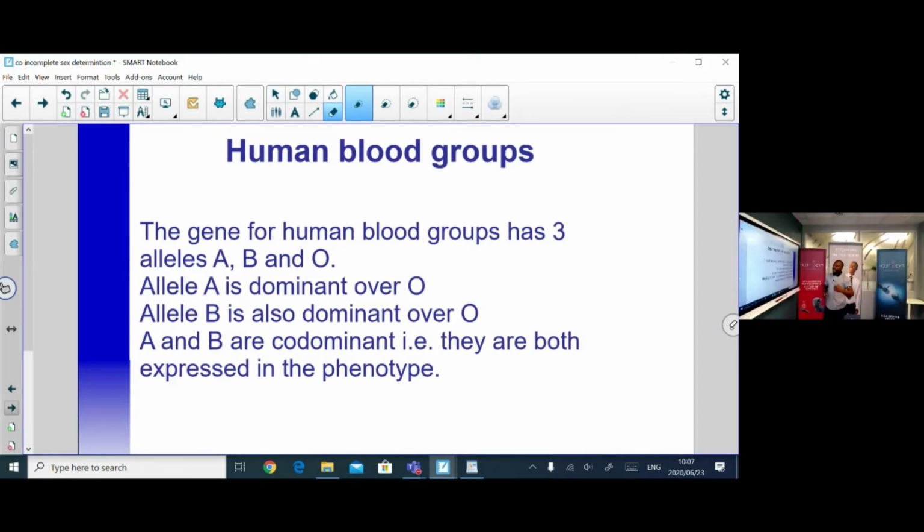We said the gene that codes for human blood groups has got more than 2 alleles, more than 2 variations, being A, O, B, and we said A is dominant over O, so is B over O. So O is a recessive allele to both A and B, but A and B are codominant. They are both expressed in the phenotype. Wonderful. I'm sure you remember that very well.